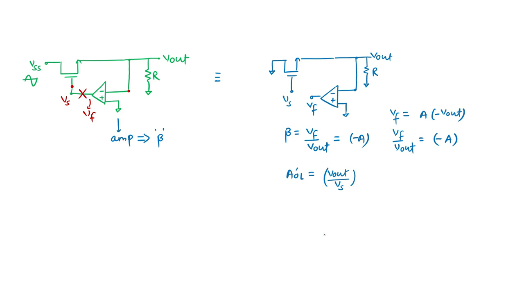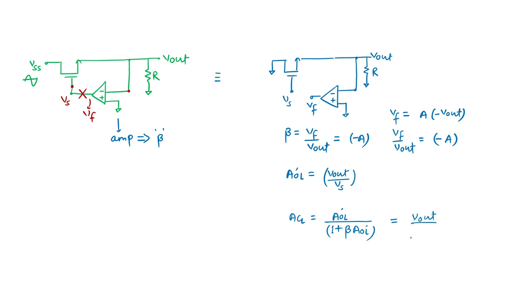So when we consider the complete closed loop gain, what will it be? It's AOL dash divided by 1 plus beta times AOL dash. So this will be my closed loop gain for the entire system. It is nothing but V out by what?